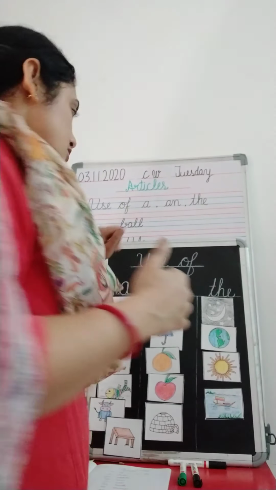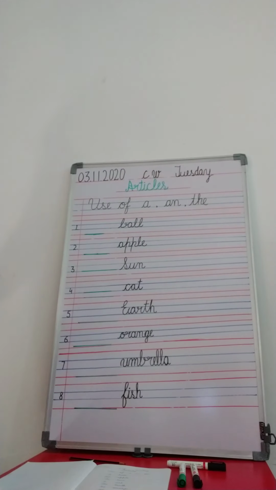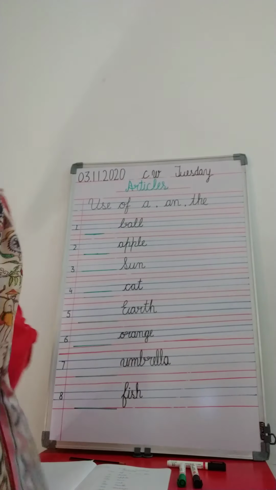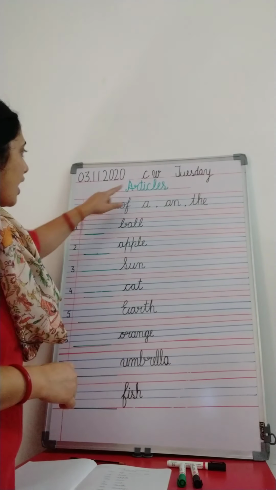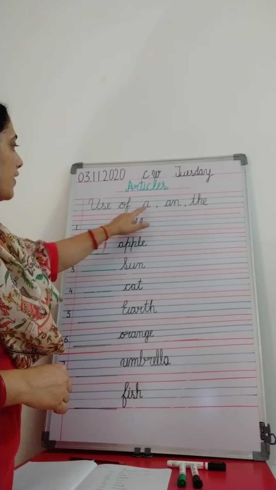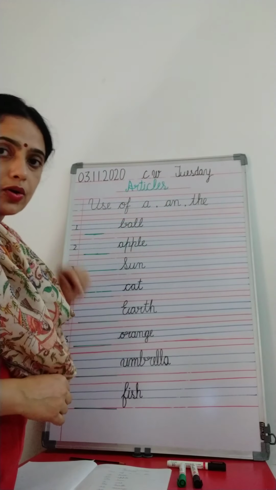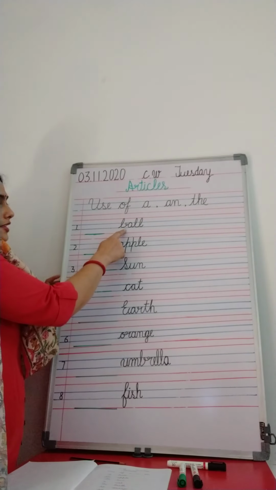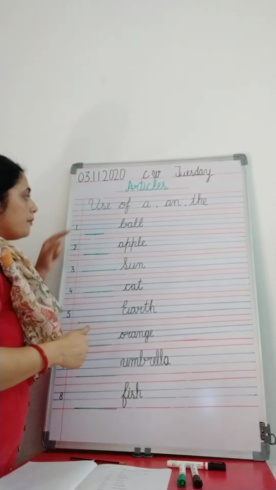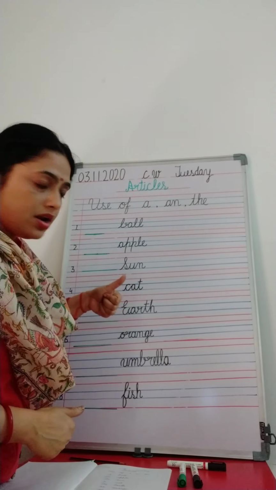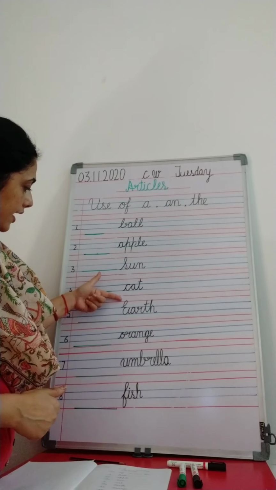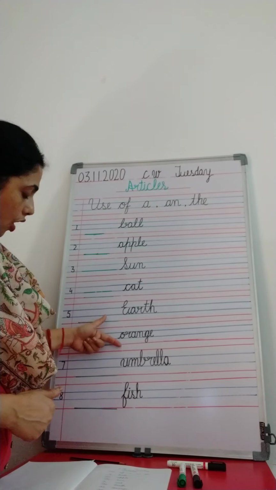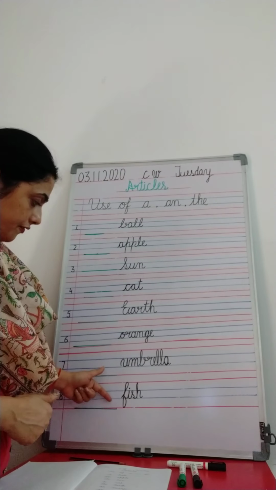Okay. So now look here. First we'll read all these words. Okay? Articles, use of a and the. Okay? Now read what is written here. Ball, apple, sun, cat, earth, orange, umbrella, fish.